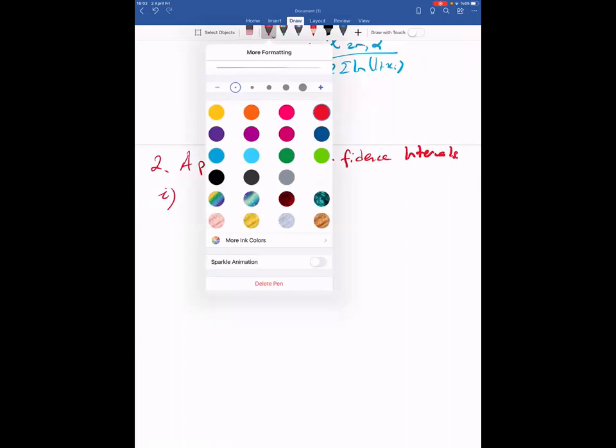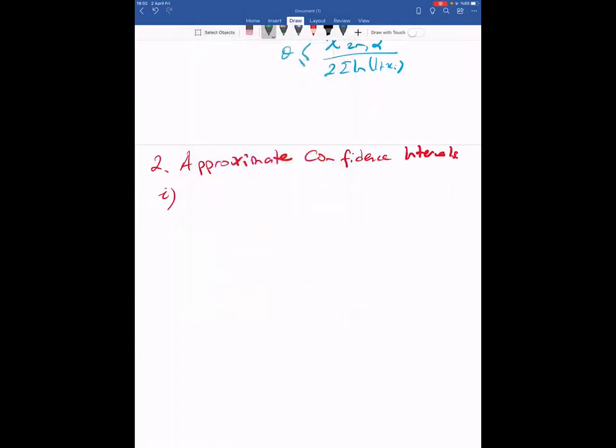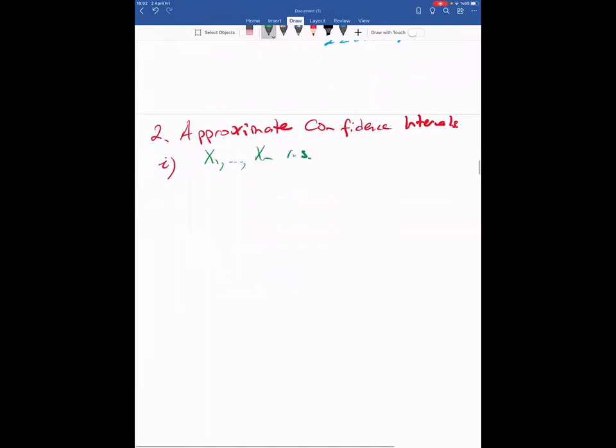First approach: let's say we have a random sample of size n. Remember what the central limit theorem tells us: when we have a standardized sample sum or standardized sample mean, the limiting distribution is standard normal.